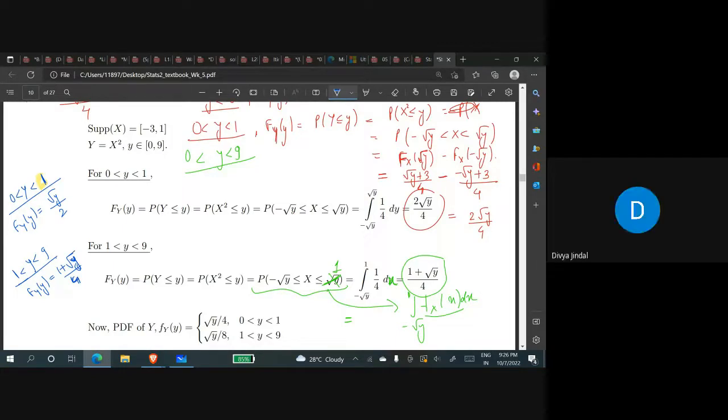Now you have to find the PDF. To find the PDF, you'll have to differentiate.